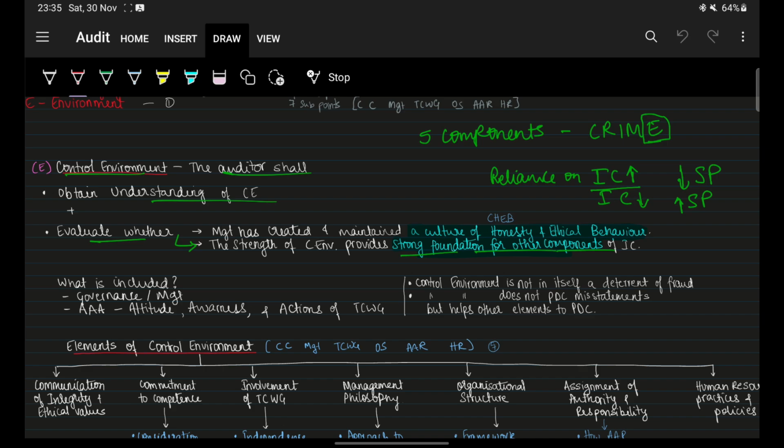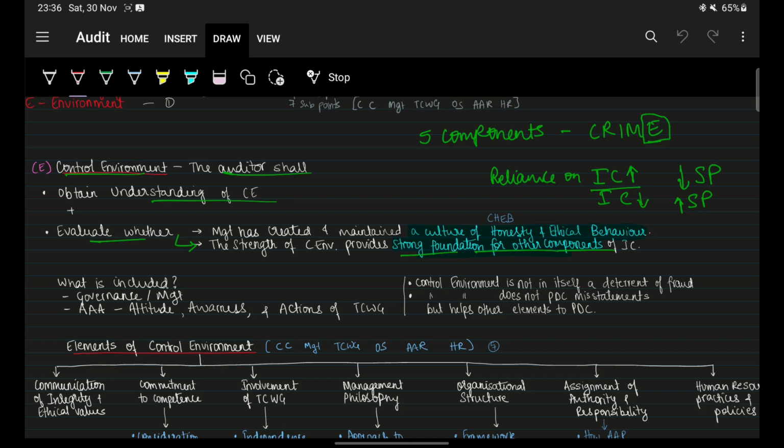Meaning, if there is a strong culture of honesty and ethical behavior, then risk assessment procedures and control activities, the efficiency of those components will also increase. If there's a bad control environment, meaning people are very unethical in the way they conduct themselves, then it's going to affect the other parts also.